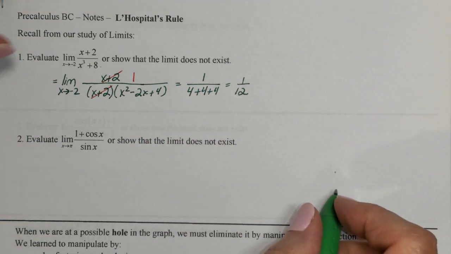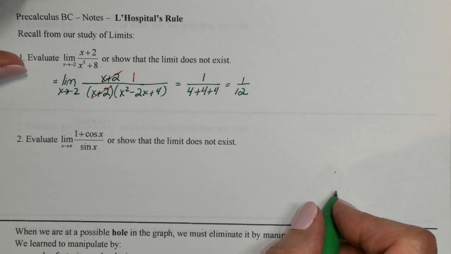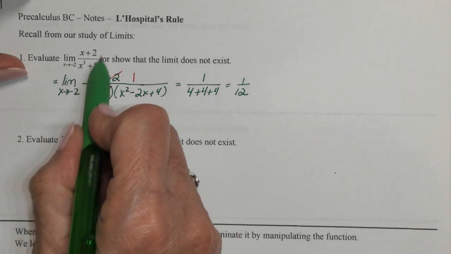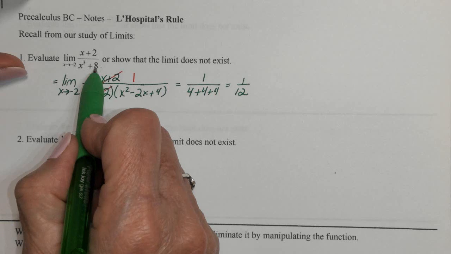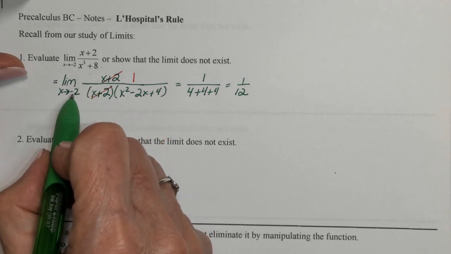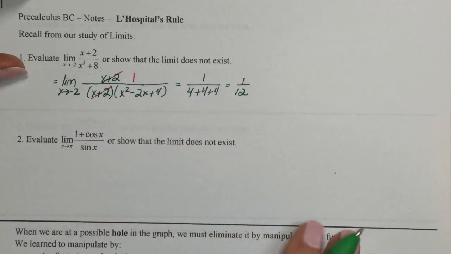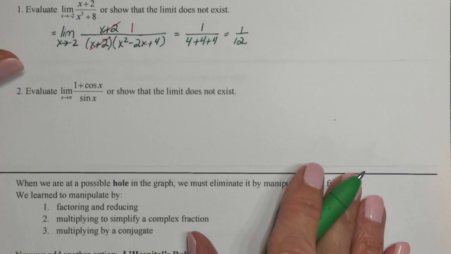So this limit is 1/12. If I were to graph this function, we would see a hole right at the point -2, 1/12. That's where the hole is.